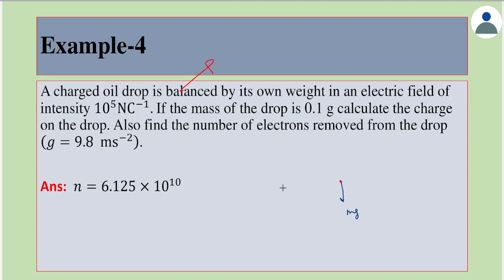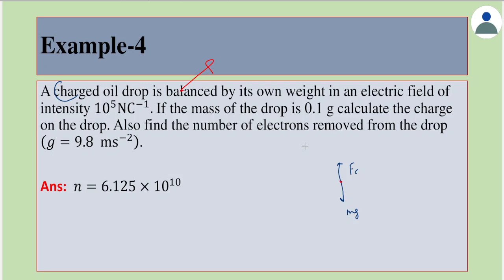But the question says, a charged oil drop, it's already been charged, is balanced by its own weight in an electric field, which means this weight is balanced by another force, and that force should be the electrostatic force. We'll call this force Fc. So it's the Coulomb force acting in the up direction. Only if Fc balances mg, then the net force would be 0.